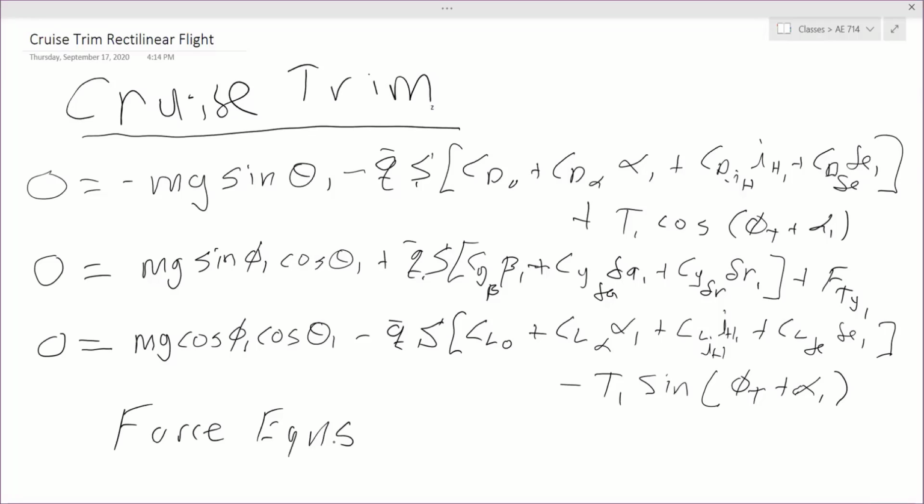So far, so good. And remember, this is cruise, it's trim, add stability axis to this, because that's what we're doing all our analysis in. So now I need to write the moment equations, but I'm going to give you a chance to catch up here before I scroll up.